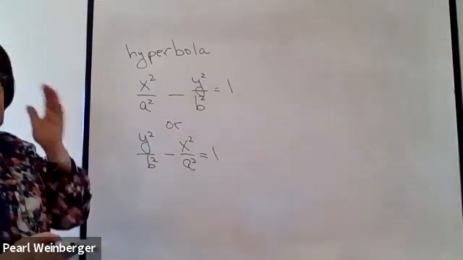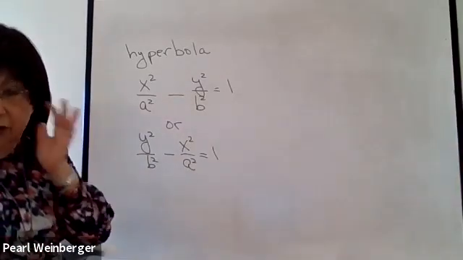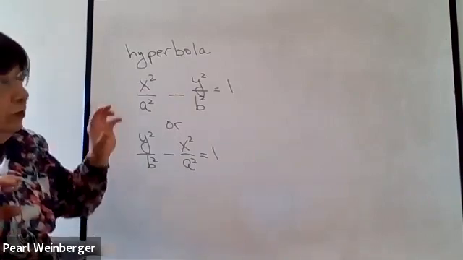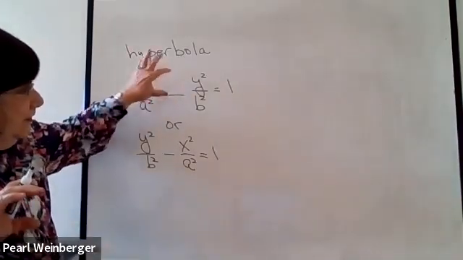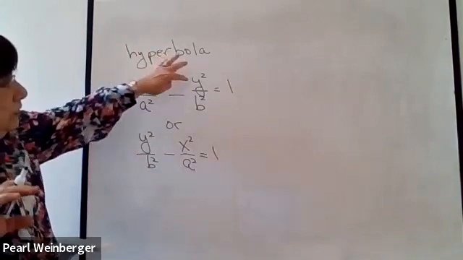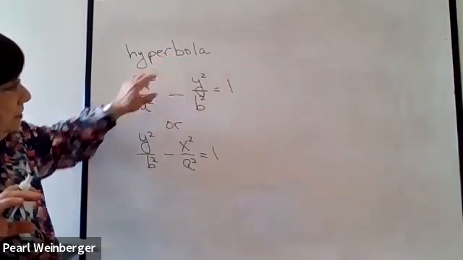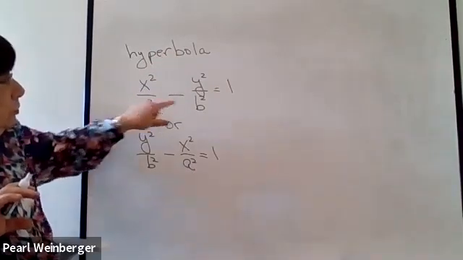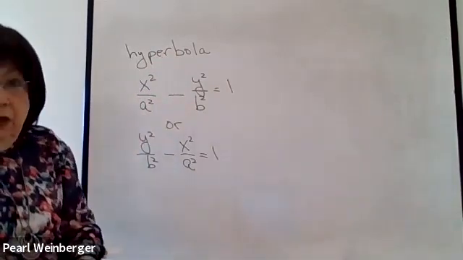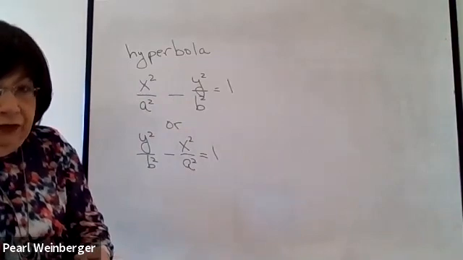But if you look at the equation, if you're not careful, you're not going to see the difference. You have to focus on the fact that you have both an x squared and a y squared, but the sign in between them is minus. It turns out that the a squared and the b squared, in an ellipse, they must be different.